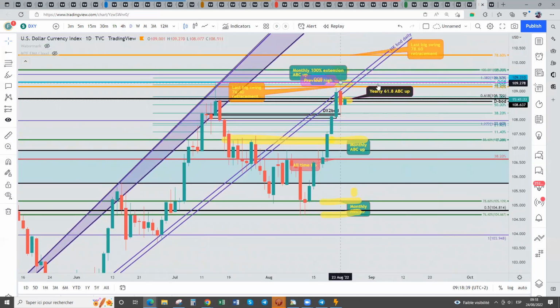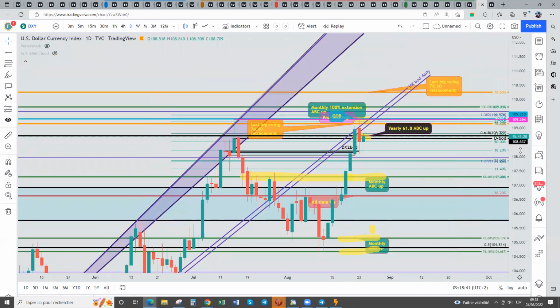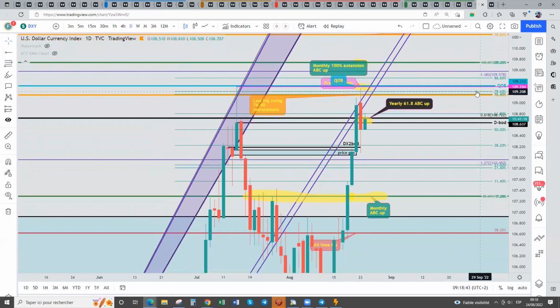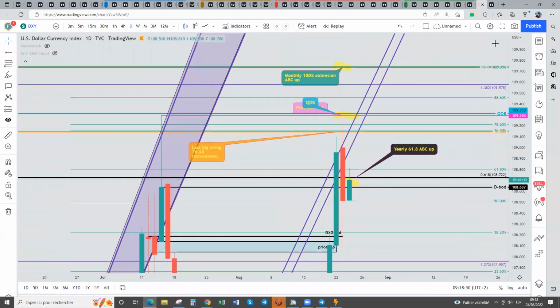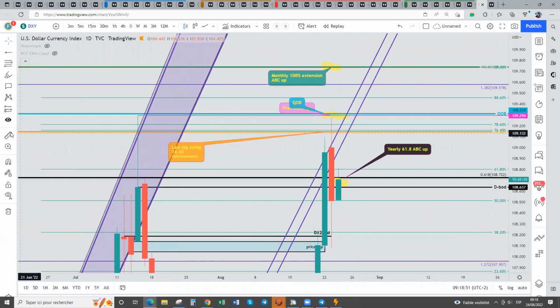Most important, and what we have to note, is that we didn't even really touch the previous highs here. We stopped about 0.2%, if I'm not wrong, from it yesterday, meaning the market is not willing to touch it for now. You see 0.02% here. It's important to note that.